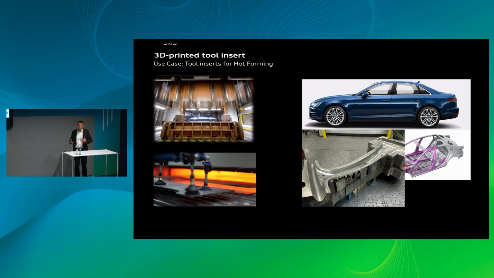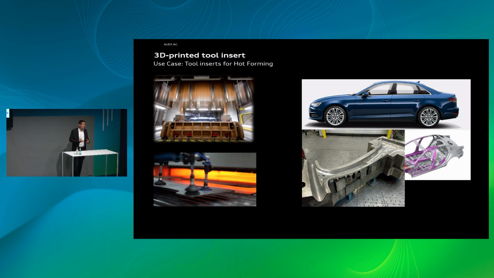So the tool system is more or less a heat exchanger, and we have to cool down the parts along a defined cooling line and temperatures per second. This is the B column and the A column of a car, for instance.